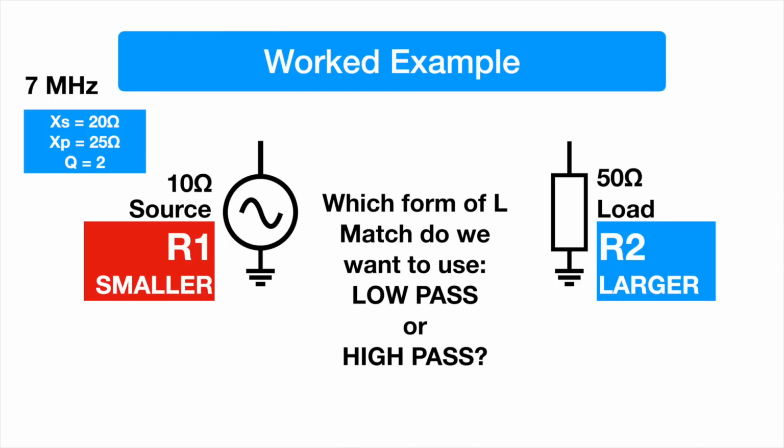So the next question we need to ask is, what form of L match do we want to use? Do we want to use the low pass version or the high pass version? Now, as I said, at the frequency in question, so at 7 megahertz, the center frequency, it'll look identical. There will be no difference, right? But as you move away from the center frequency, you will see a difference.